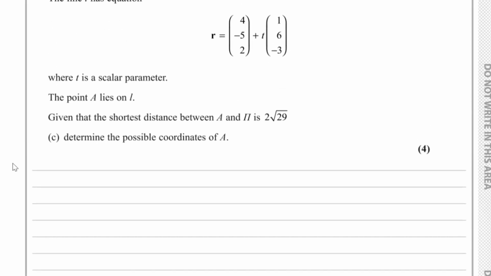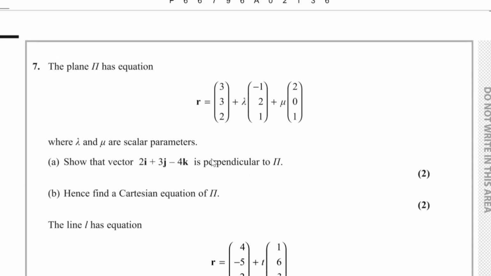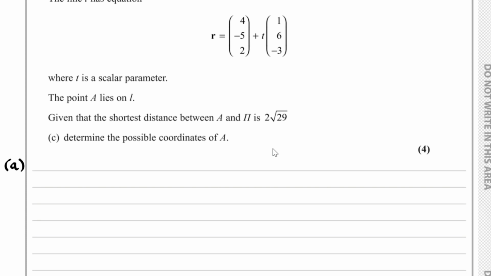So, for part A, we have (-1, 2, 1). So we've got minus i plus 2j plus k.